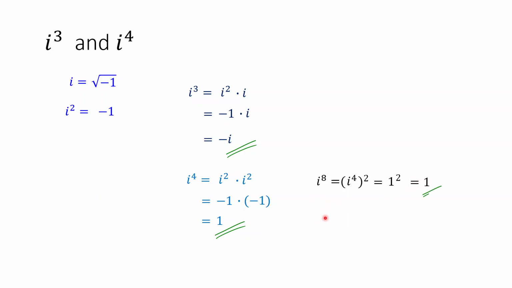Also, if you find i to the 12th, you get 1, and i to the 16th is also equal to 1. So if the exponent is a multiple of 4, you get 1.